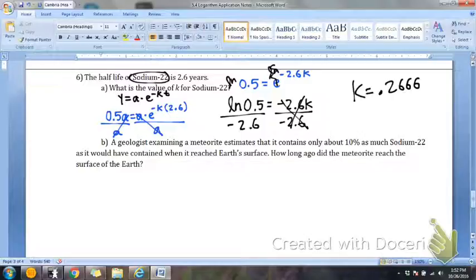Okay, what are we going to do on part B? See what you can do on part B. See if you can set it up. Part B, we're going to use this k value in part B. Think about how much is left and where that goes.